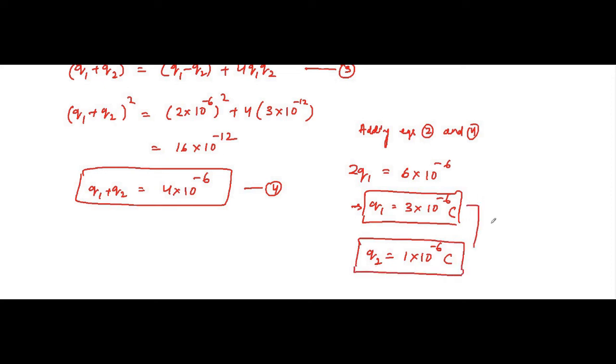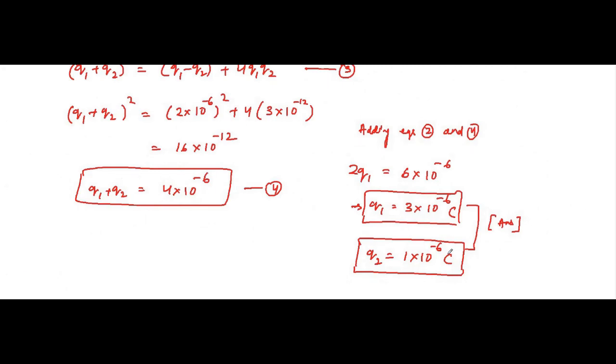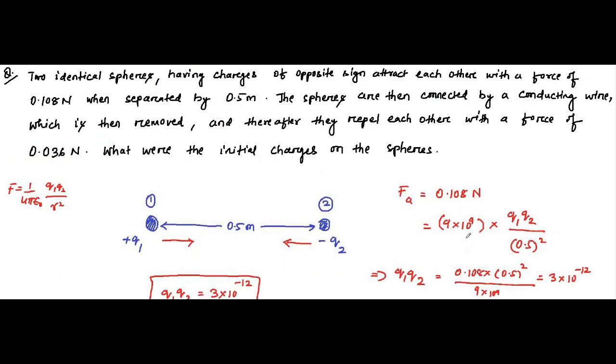So we have got the result, the initial charge on these two spheres. But in this case, Q2 will be negative because it has been mentioned in the question that they are of opposite sign. So we have taken plus Q1 minus Q2. If you had taken minus Q1 plus Q2, that would also have been correct.